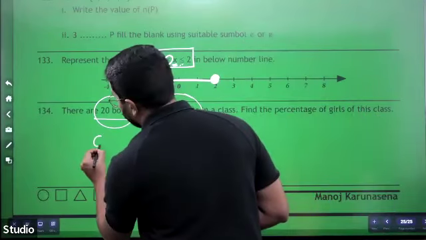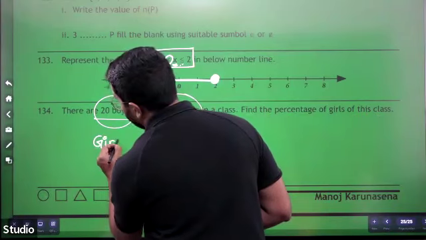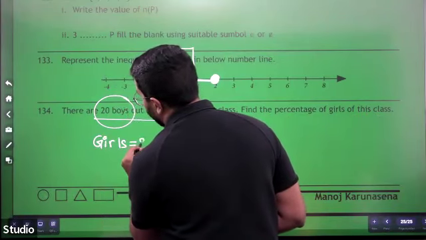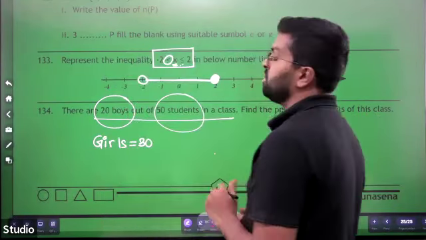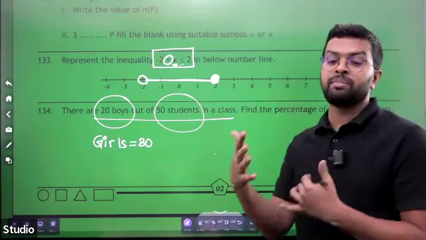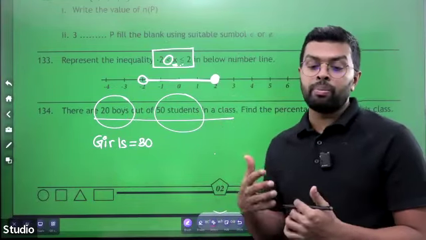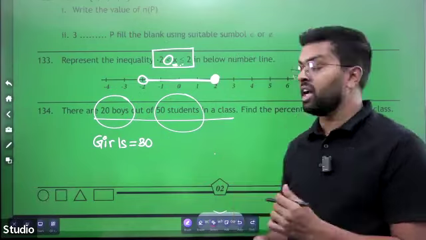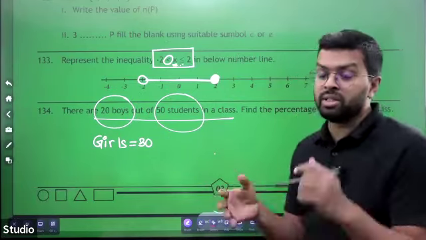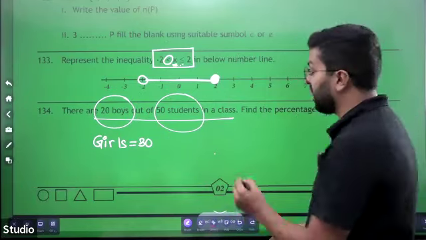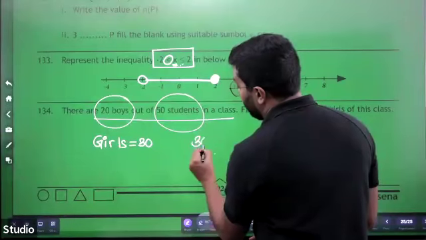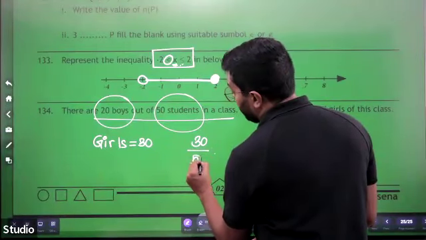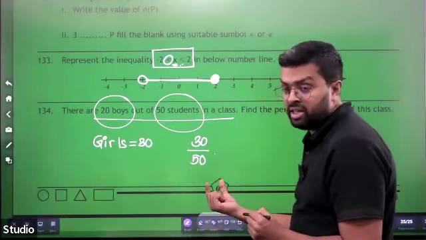How many girls? We have 30 girls in the class. Let's represent the number of girls as a fraction: 30 over 50.